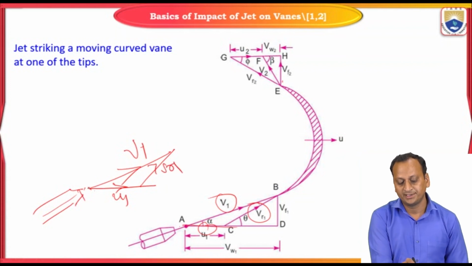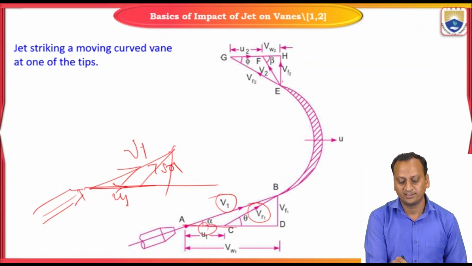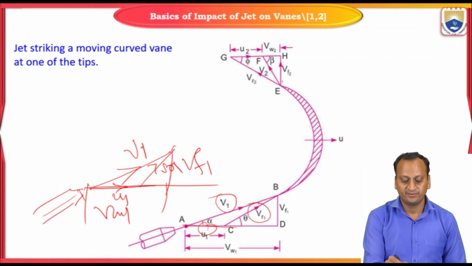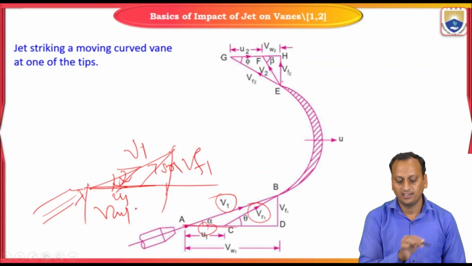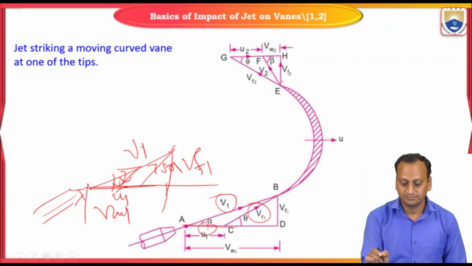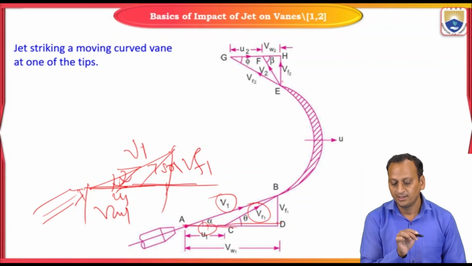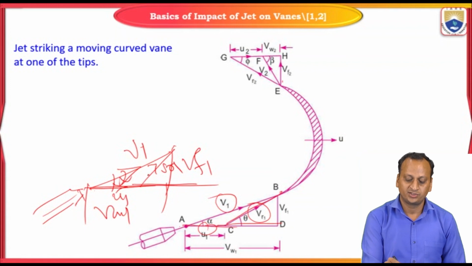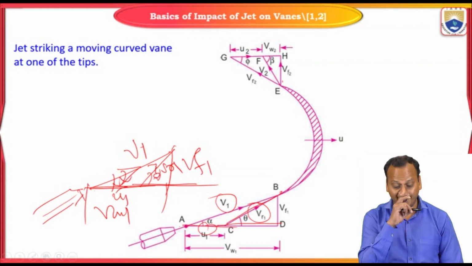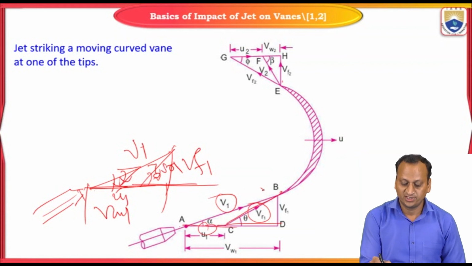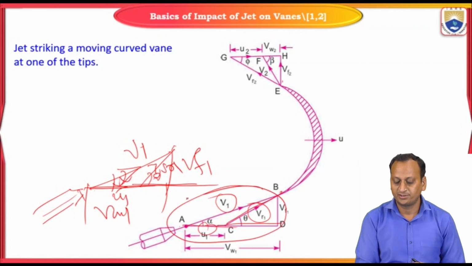If you resolve it, we get two other components: the horizontal component VW1 and the vertical component VF1. The angle between V1 and U1 is alpha, the inlet jet angle, and the angle between the horizontal component VW1 and VR1 is theta, also known as the inlet blade angle. These are the various components of the inlet velocity triangle.